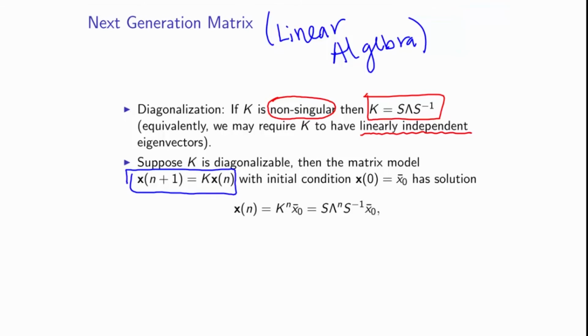We iterate: at every time step, we take the matrix and multiply it by a column vector, and that multiplication gives a new vector, which is the updated vector we're interested in. So that model, with this initial condition, has this solution: the nth power of the next generation matrix multiplied by the initial condition vector.